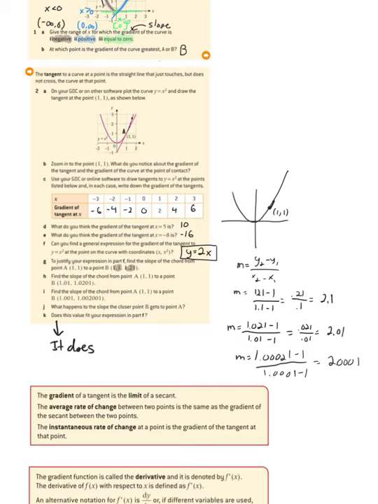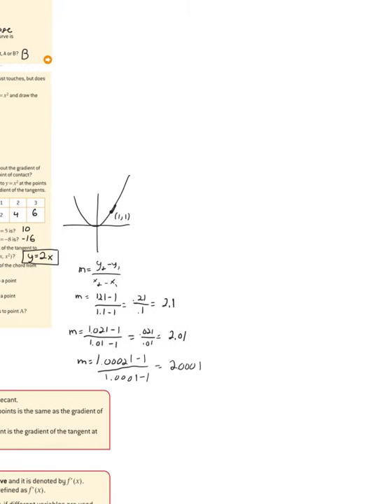So anyway, what I was saying is, whenever we have a curve, let's just draw one here real quick. Something that looks nice and big like that. And let's say we want to find the average slope between these 2 points.